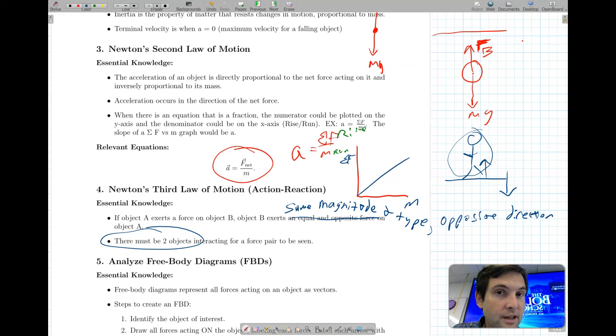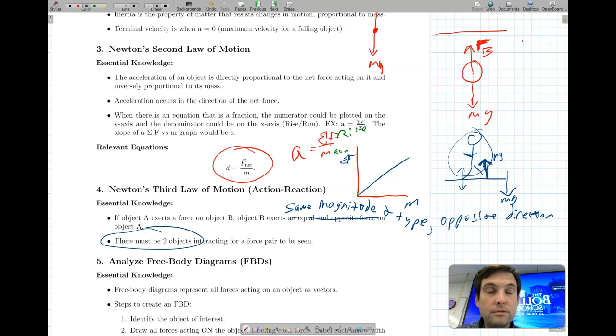The normal force is not a force pair in this situation. Instead, I would be exerting a normal force down and the earth would be exerting a normal force up. But also, the earth is exerting a gravitational force on me, and I am also exerting a gravitational force on the earth.